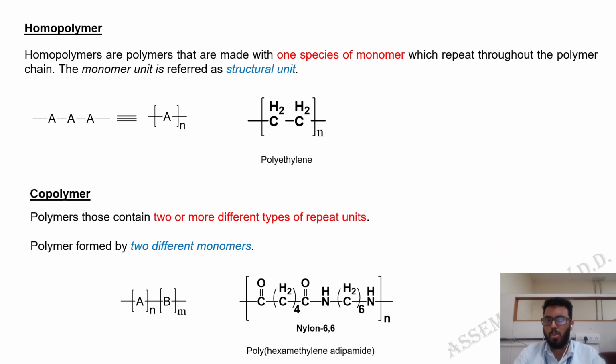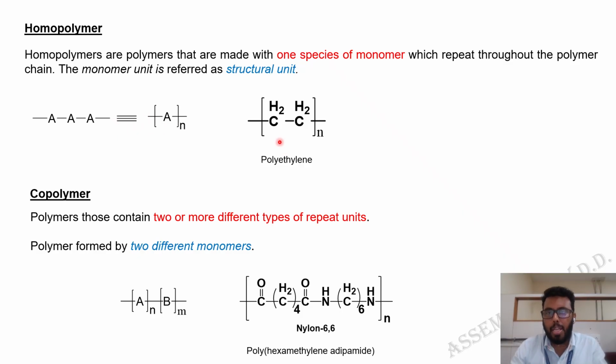So we should also know the difference between homopolymer and copolymer. Homopolymers are those polymers that are made with one species of monomer which repeats throughout the polymer. For example, you have the monomer unit A in the chain. So this A will itself be repeating continuously, and you will get AN.